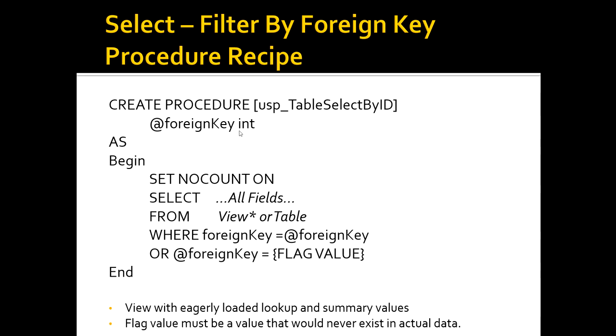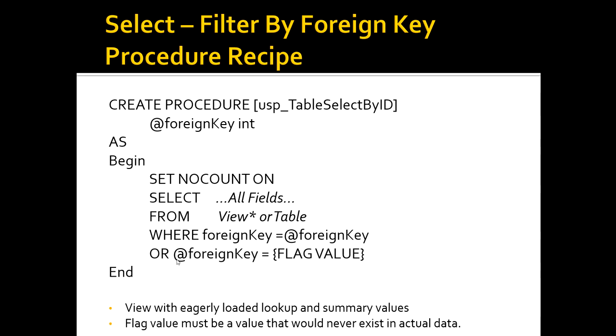So for example, if we do have an integer identity, then by default it starts at 1 and counts up by 1. You can change that seed and increment if you want to, but an integer identity will never have the value 0. So that's a very common flag value. So if I pass 0 for the foreign key, then the foreign key 0 matches 0, and the OR clause will always be true.